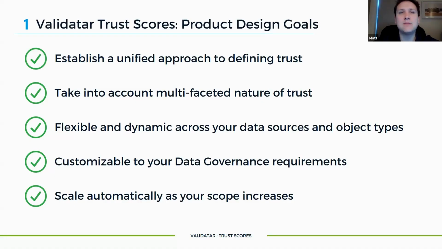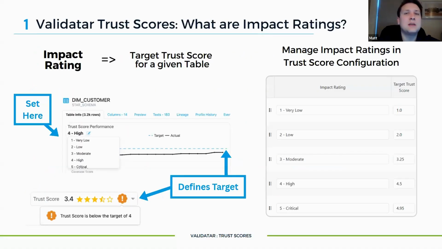Okay, so let's dive in. The beginning of this, as I mentioned, is about setting up that idea of an impact rating. Impact ratings are a new value that you can associate with a single table-level object within Validator. Whether that's a database table, a file, a report, any of those things at that object level, which in Validator we use the table nomenclature to determine, is where you can set these impact ratings.